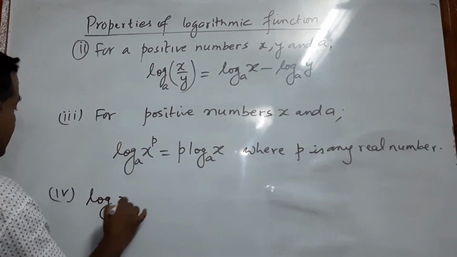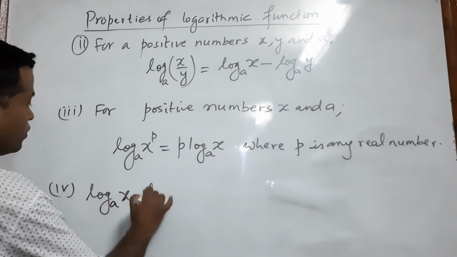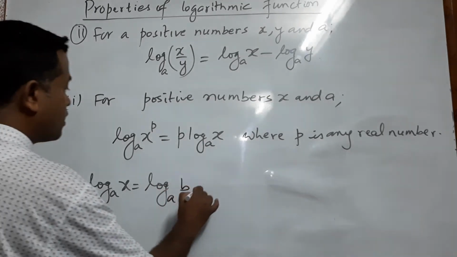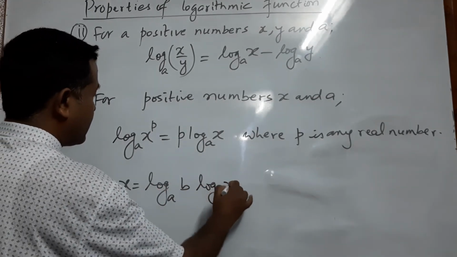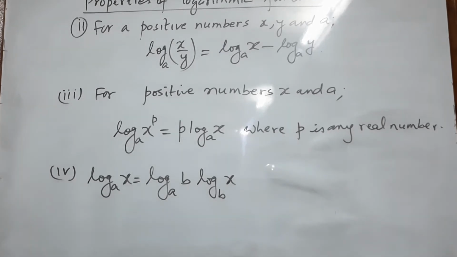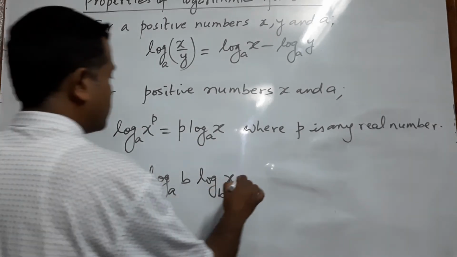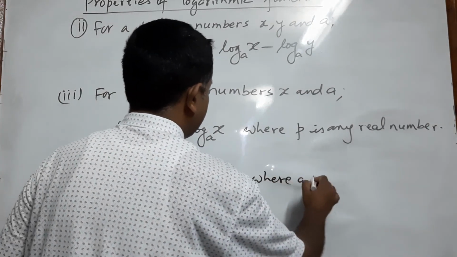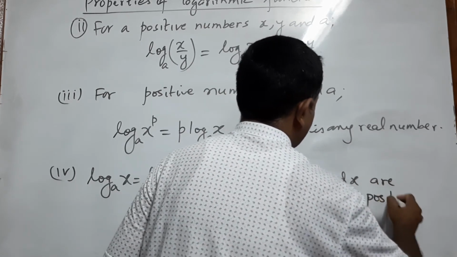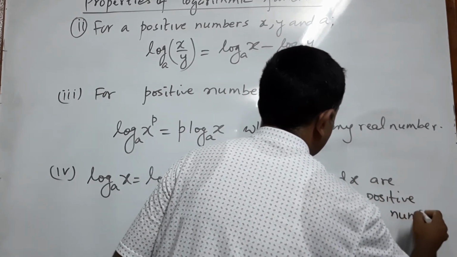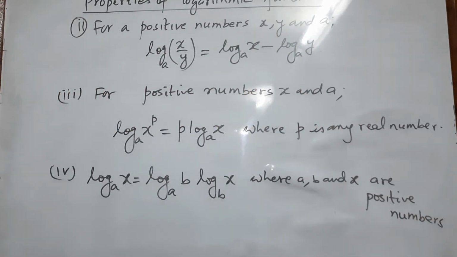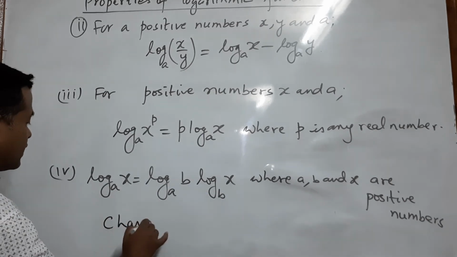Log of x with base a equals log of x with base b divided by log of a with base b, where a, b and x are positive numbers. Okay, so this property is also known as change of base.